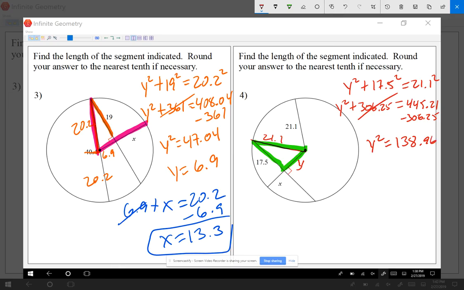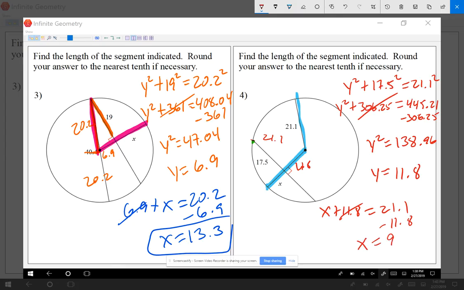Let me get the square root of that. And I get that y is about 11.8. I'm looking at a radius. That radius is x plus 11.8. I'm looking at another radius, 21.1. So I have that x plus 11.8 equals 21.1. Let me subtract 11.8. I get 9.3.